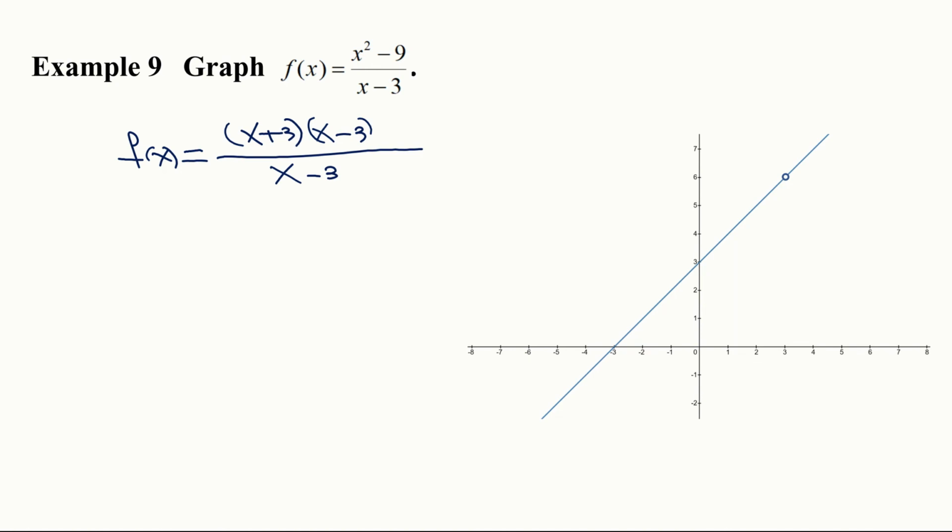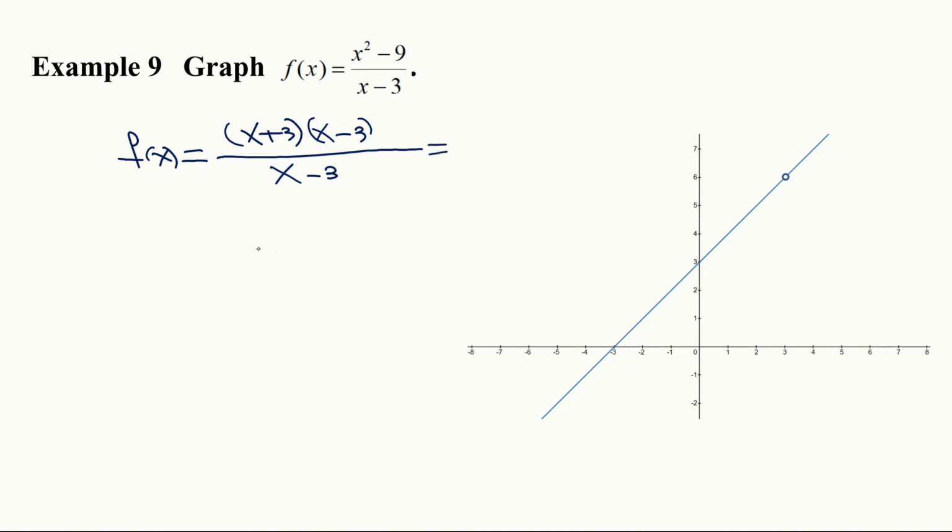Well, here we're dealing with a little bit more advanced material, and you have to be careful with that. This expression is not always equal to x plus 3. This expression is equal to x plus 3 everywhere except at x equals 3, because at x equals 3 this becomes undefined. So here's the way that we describe this using a piecewise function.